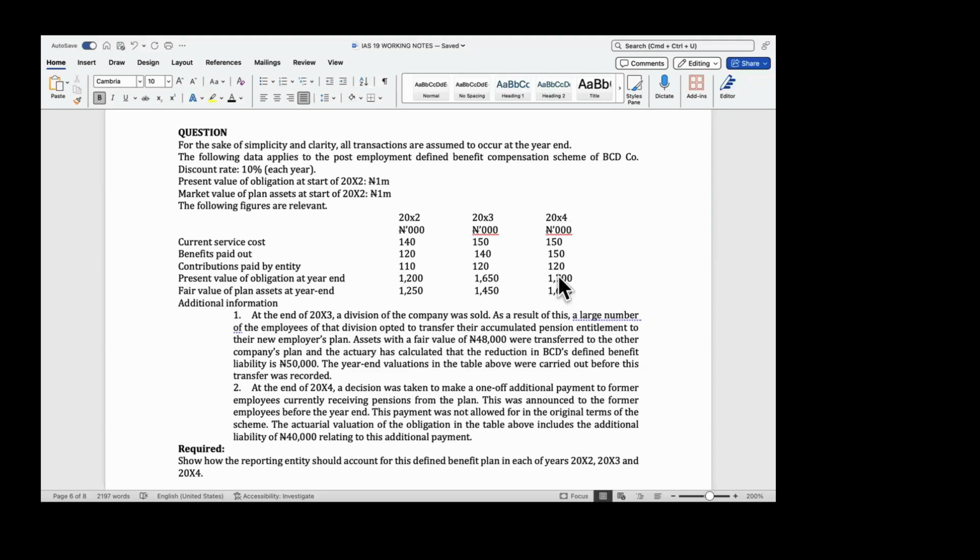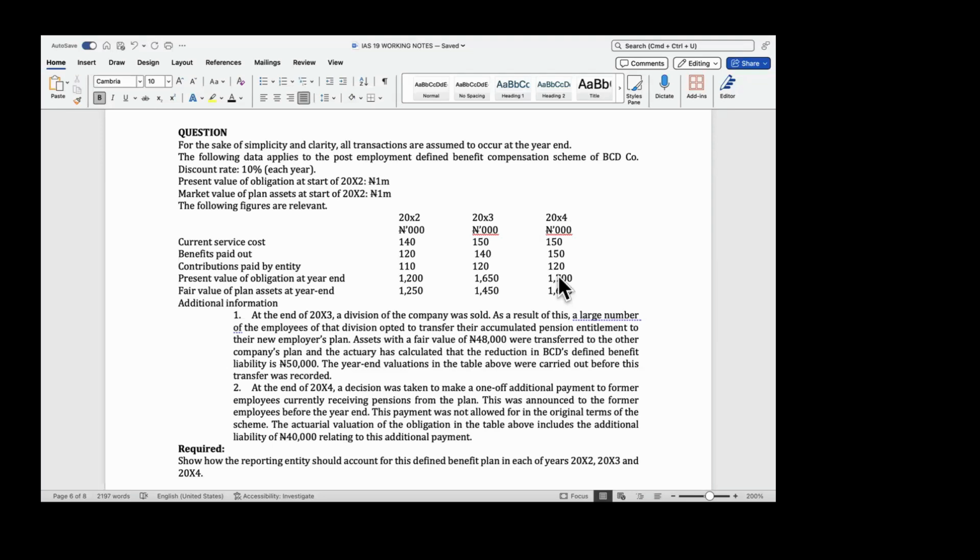Number 2, at the end of 20X4, a decision was taken to make one-off additional payments to former employees currently receiving pensions from the plan. This was announced to the former employees before the year end. This payment was not allowed for in the original terms of the scheme.